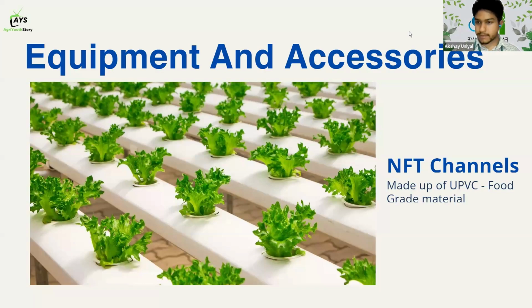This is a type of pollution, so it pollutes the water. But UPVC is completely food grade. For at least 10 years, the plastic will not seep into the water. It's a very special type of material that we use, that is food grade. This food grade plastic will have the capability to run an NFT system for years.